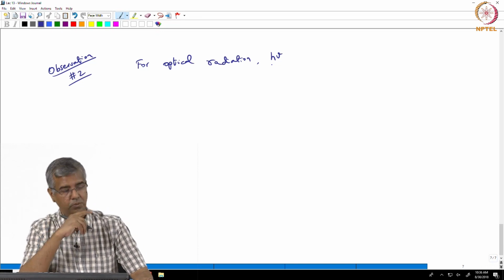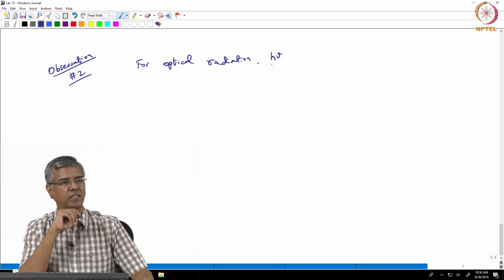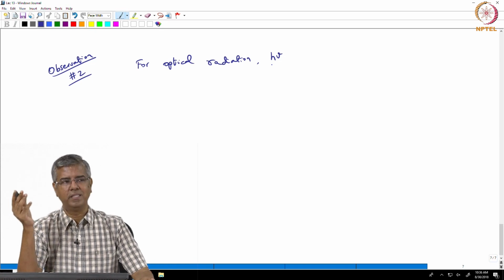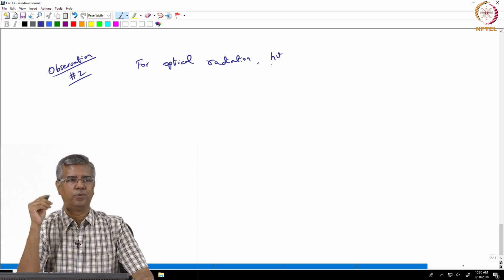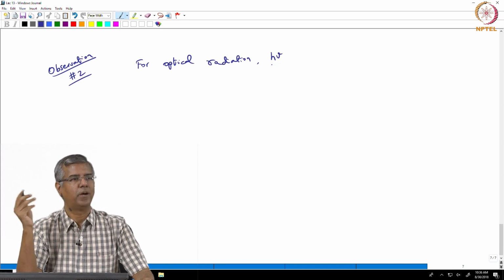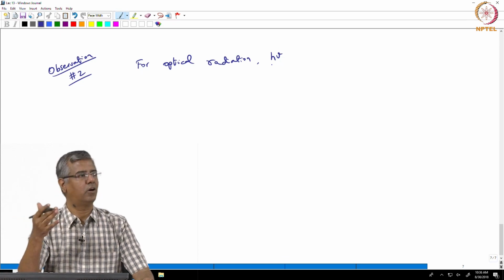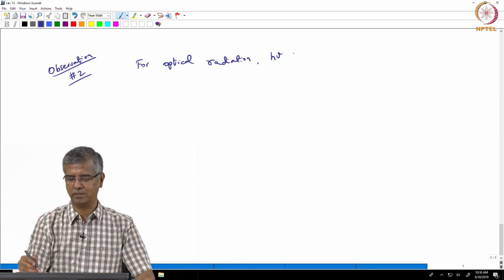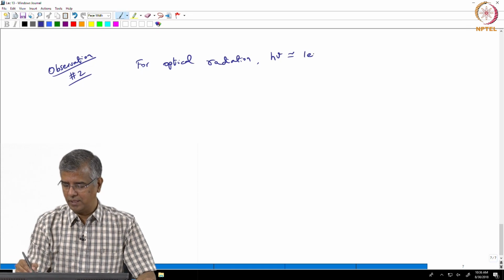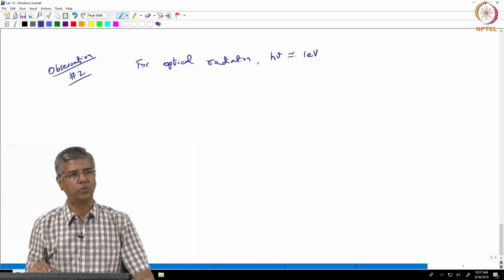What sort of energies do we tend to see? For example, what is the energy for a photon with a wavelength of 1 micron? 1.24 electron volt, right. So it is in the order of an electron volt. So you can say this is in the order of electron volt.